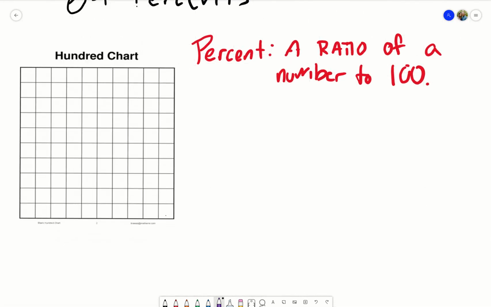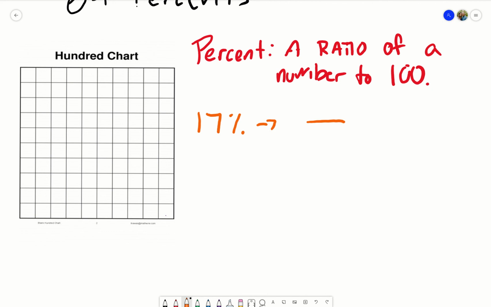Now, today what we're going to do is not only be able to visualize, but we're going to be talking about writing percents as decimals and writing percents as fractions. So if I had a percent, 17%, and I wanted to turn this into a fraction.